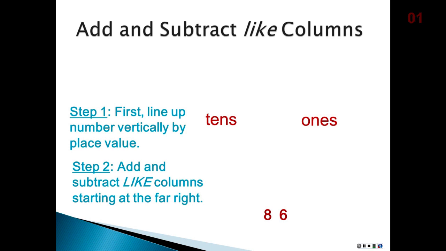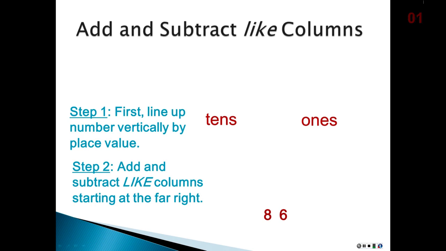So what you want to do is line up your numbers by the decimal point like buttons on a shirt. And then go to the far right column and add. Bring your decimals straight down. So let's go ahead and illustrate how you would do that.